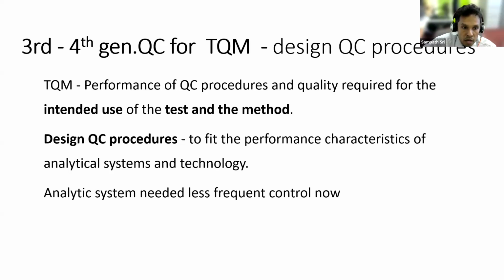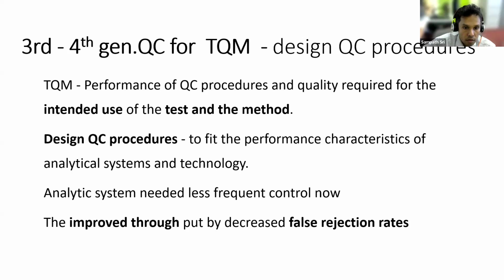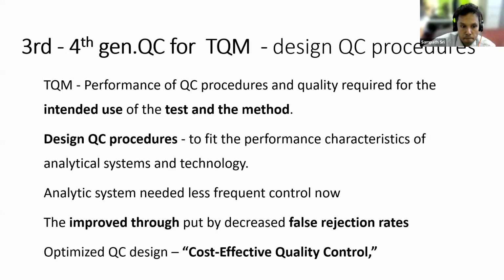As now we have very advanced technology, these days QCs need less frequent controls. So it can improve our throughput by decreasing false rejection rates. By optimizing QC design, it will help us to do cost-effective quality control.